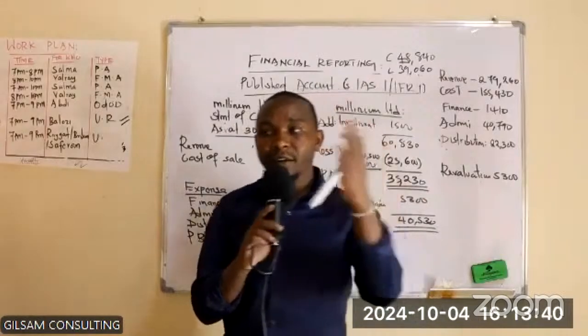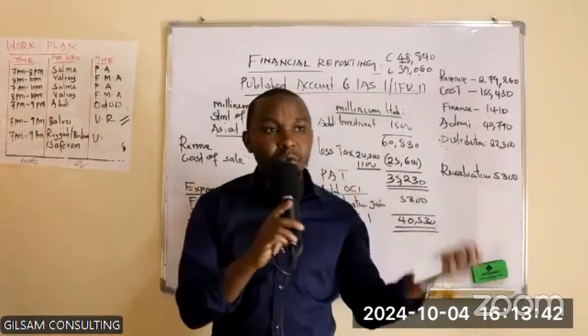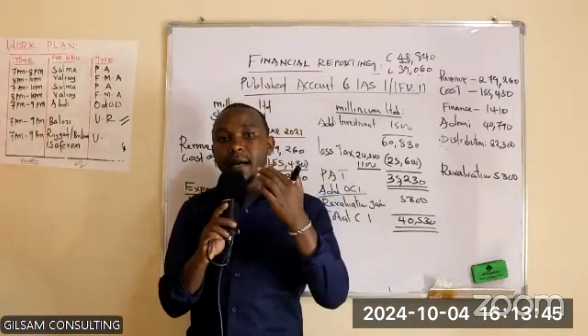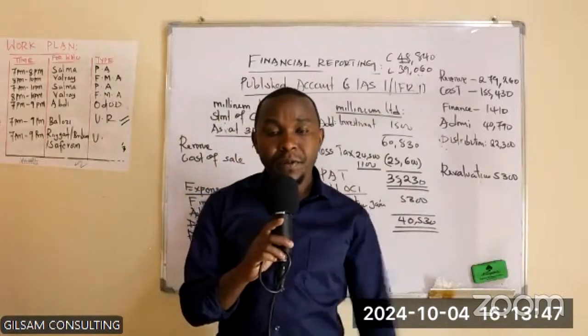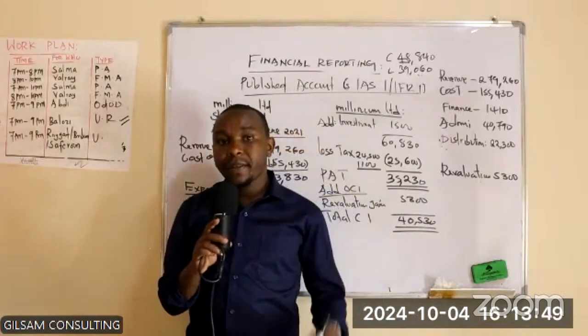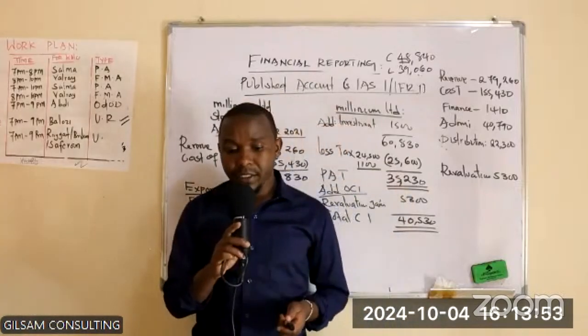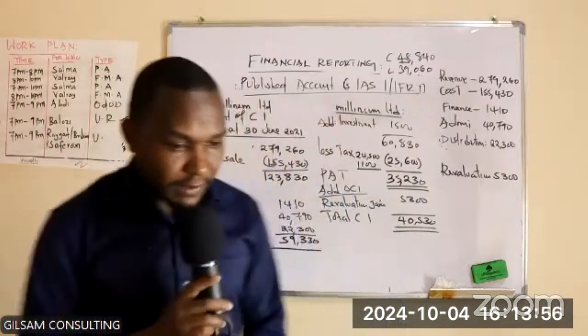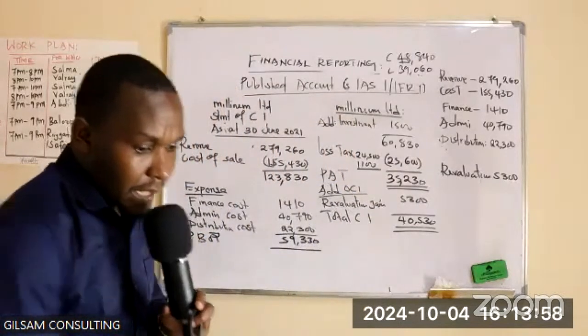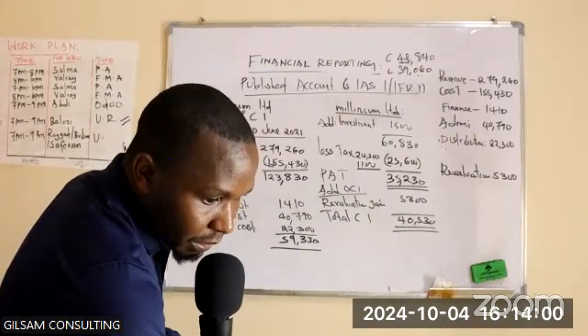We will prepare the notes from the changes in equity, the PPE account, the accruals accounts and the prepayment account, and then from there we do the reporting. So that is it. Let's have a few breaks and we go back.